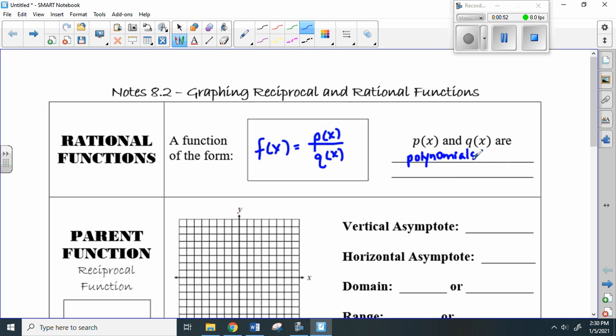And because it's a quotient or a fraction, you just have to remember that the bottom can never equal 0. So q of x cannot equal 0. Okay, so that's what a rational function is. It's just a fraction where you usually have x's on the top and the bottom.